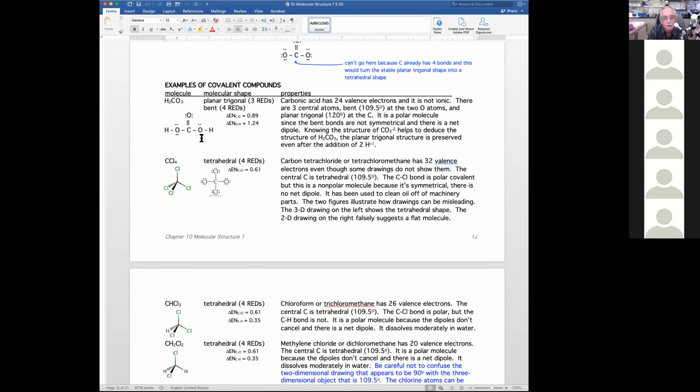So here's something similar to carbonic acid, but I don't have enough of the different colors to make what I want. So just pretend that all three of these are oxygen, okay? So this is a center atom with 1, 2, 3 regions of electron density, so that should be planar and trigonal. Each one of these has 4 regions of electron density. 2 of them don't have bonds, so it's bent, okay?